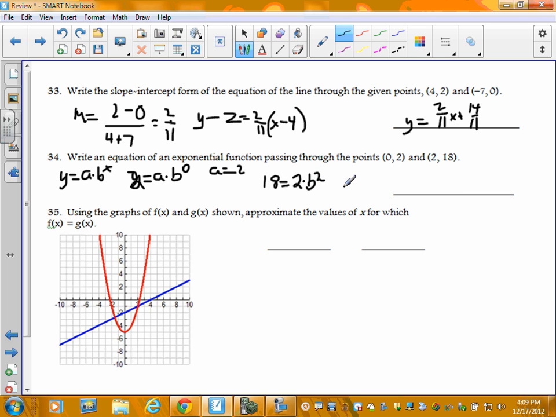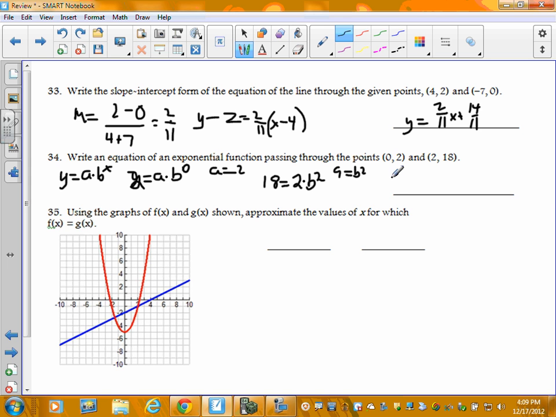So I solve this problem. b squared equals 9. So b is 3. If b squared is 9, then b must be 3. So y equals, a was 2, b was 3 to the x.